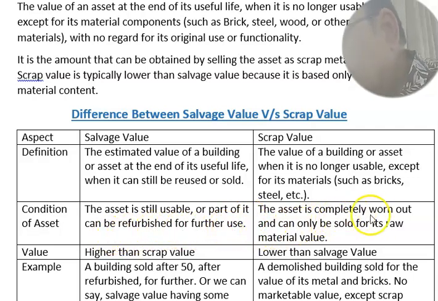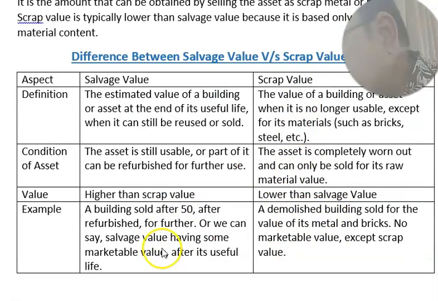Condition of asset: for salvage, the asset is still usable or part of it can be refurbished for further use. For scrap, the asset is completely worn out and can only be sold for its raw material value. Salvage value is higher than the scrap value. Scrap value is lower than the salvage value. For example, a building sold after 50 years and refurbished for further use, we can say that has salvage value, some marketable value after its useful life.